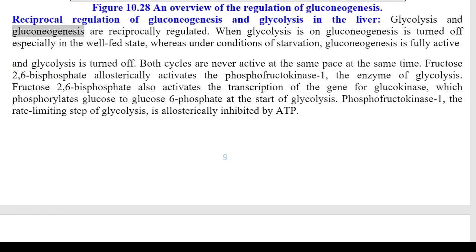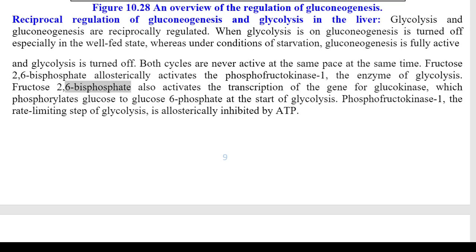Glycolysis and gluconeogenesis are reciprocally regulated. When glycolysis is on, gluconeogenesis is turned off, especially in the well-fed state, whereas under conditions of starvation, gluconeogenesis is fully active and glycolysis is turned off. Both cycles are never active at the same pace at the same time. Fructose 2,6-bisphosphate allosterically activates phosphofructokinase 1, the enzyme of glycolysis.